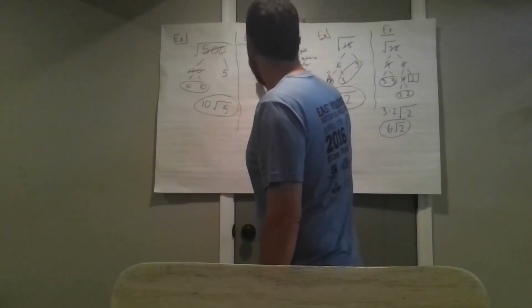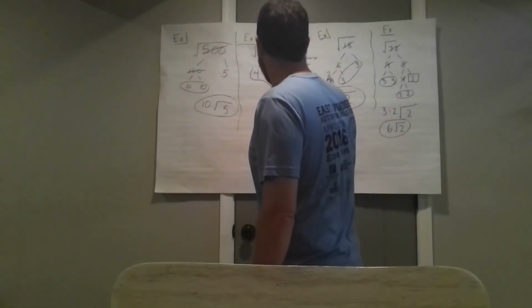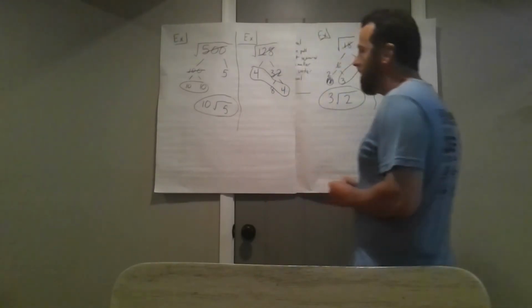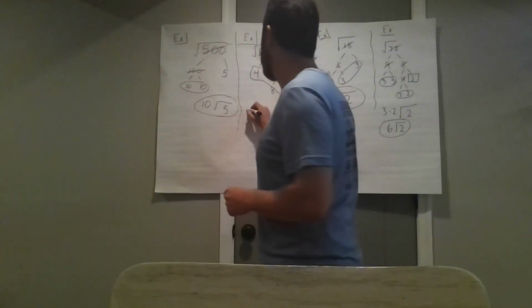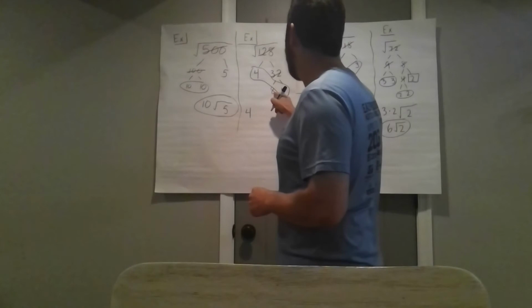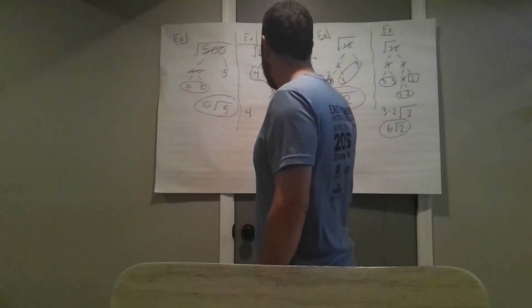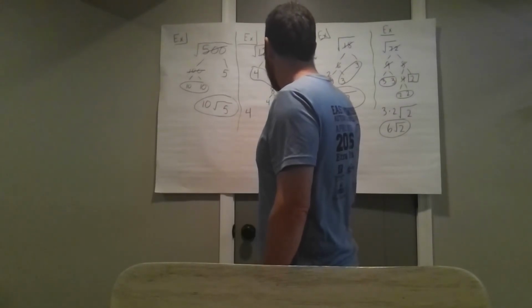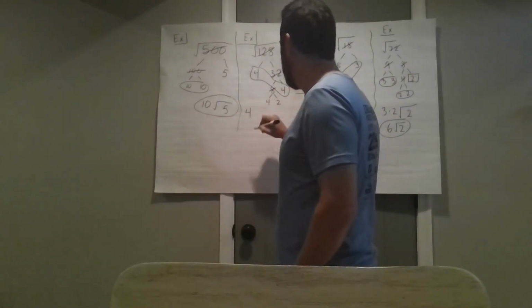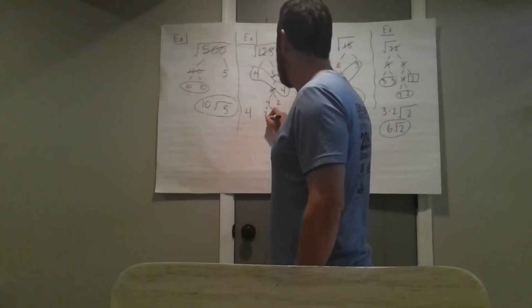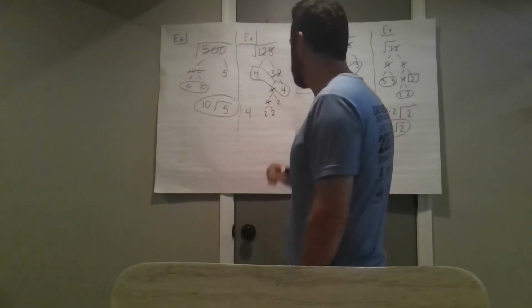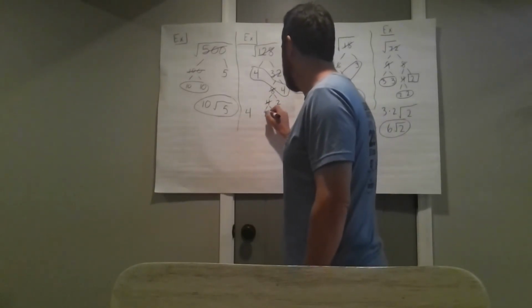All right, I already see that I have a pair there, so I know my 4 can go outside. However, 8 I can break down further. It's 4 times 2. Done with that. 4 is 2 times 2. Done with that.